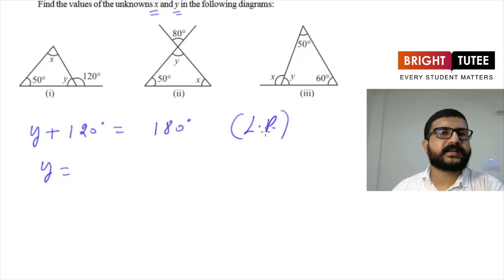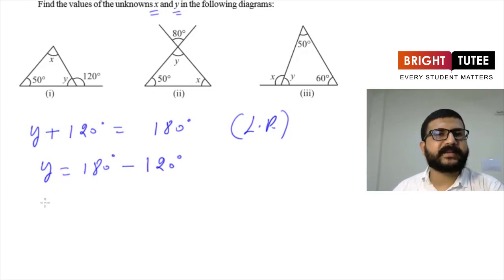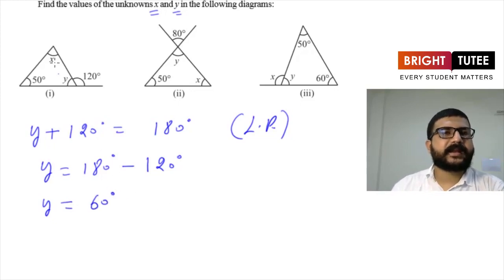Here LP is showing that these two angles are forming a linear pair. Now from here we will get y is equal to 180 degrees minus 120 degrees. Now let's simplify this. We will get y is equal to 60 degrees. Now we got the value of y as 60 degrees.